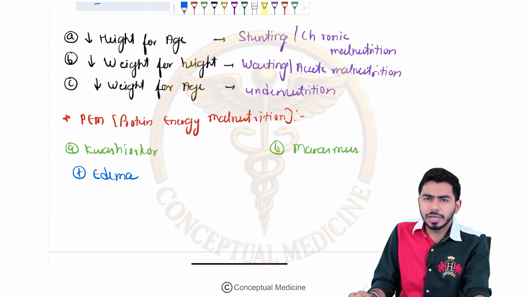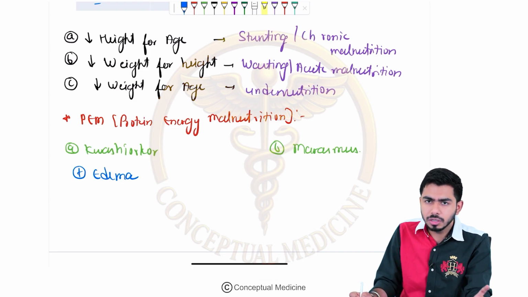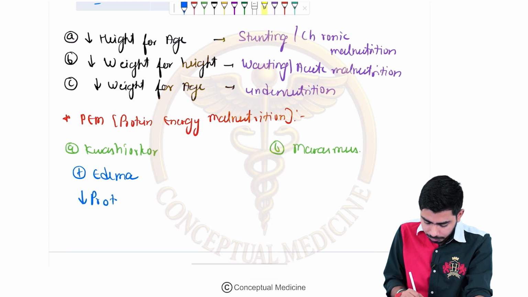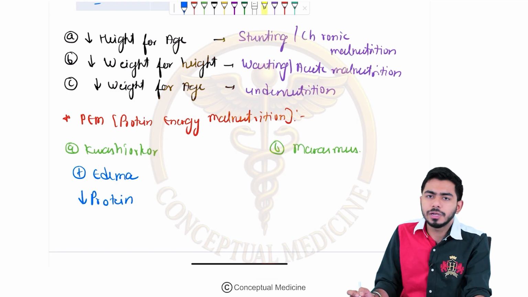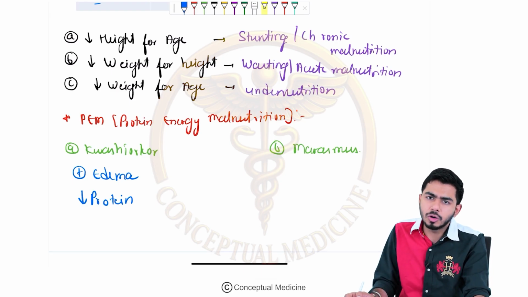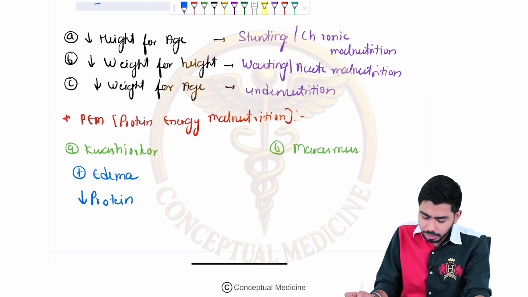The weight will look normal only because of the edema factor. And why are the babies having the edema over here? Because they are losing the protein. They are having low protein levels, so that's why they will be having the edema. We know that if albumin, protein will be lost from the body, due to the decrease in oncotic pressure, the child might be having the edema, right?